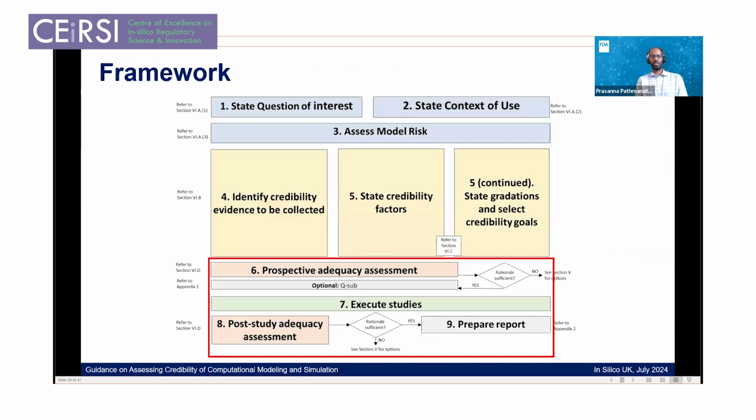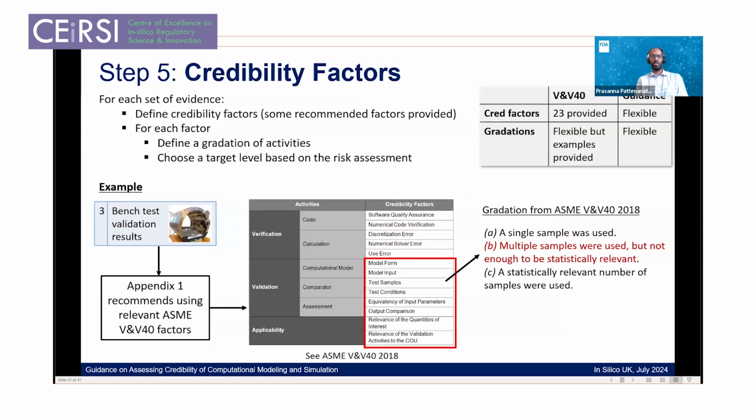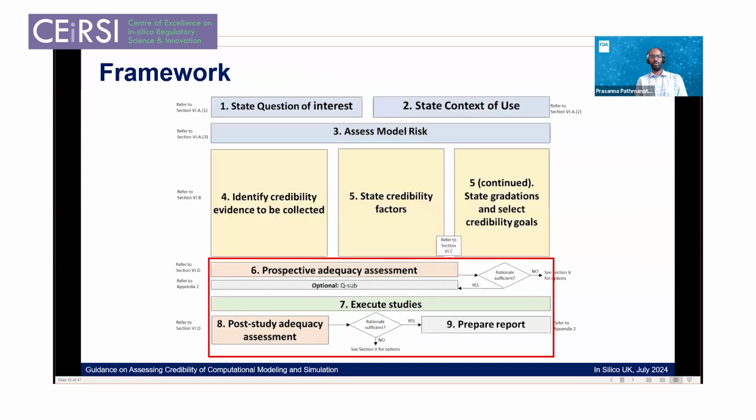And then step 6 asks: if the plan was executed and the credibility levels that were chosen, so level B here and the other levels chosen for the other credibility factors, were executed according to plan, and if the results were as expected, would that be sufficient to justify using the model for the context of use? Please provide a rationale. That's basically what step 6 is.